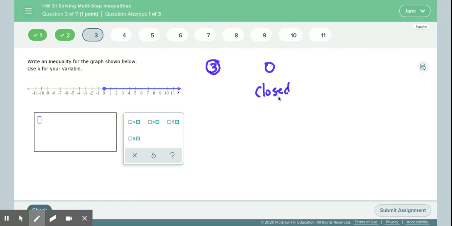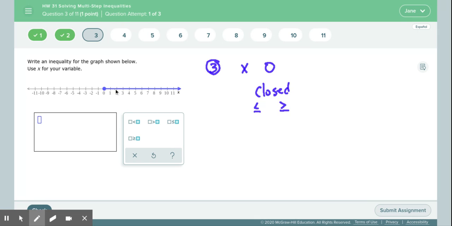All right, so if you have a closed circle, that's when you're going to use a less than or equal to or a greater than or equal to symbol, because the boundary point is a part of the solution. So this is a closed circle, so I'm going to use one of these. And what I have here is x. I need to compare x to the number 0, where my boundary point is.